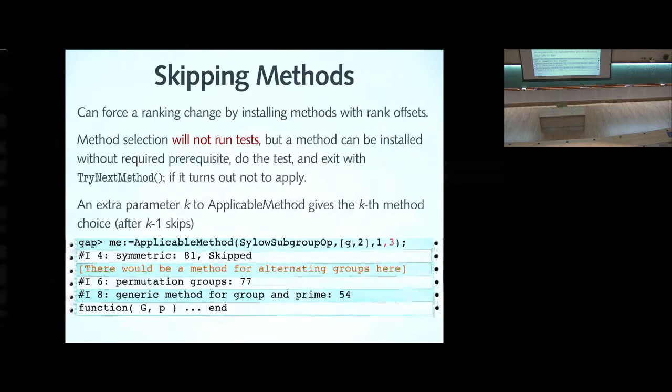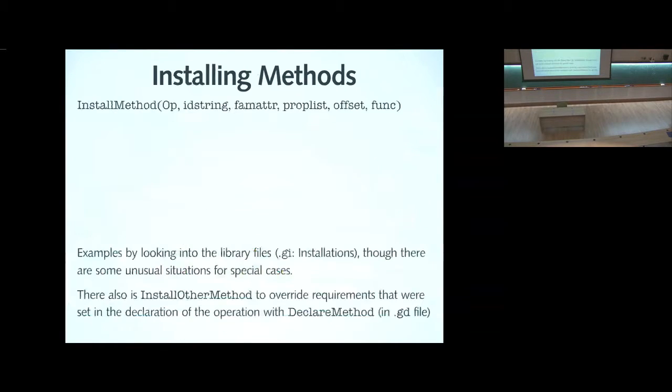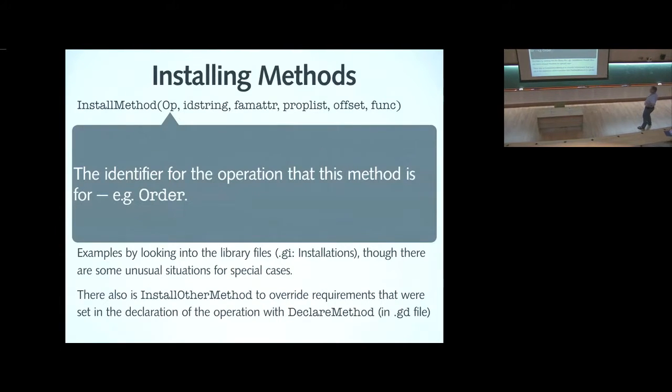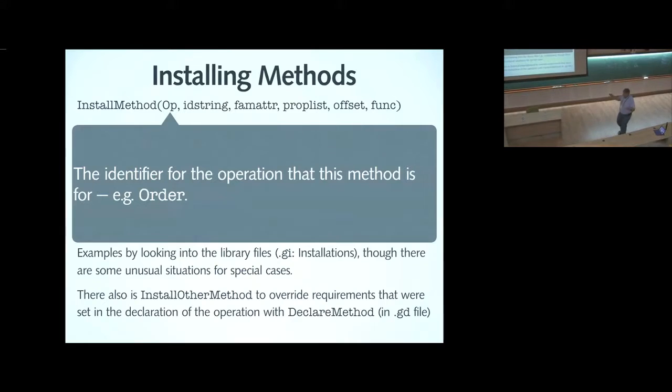Okay, how do these methods actually get into the program? They do so with the command install method. Install method gets an operation for which it is to be installed. For example, order. For example, pseudo-subgroup op. For example, normalizer.